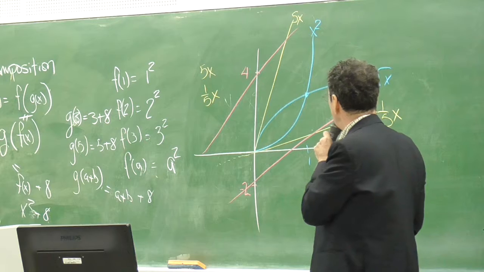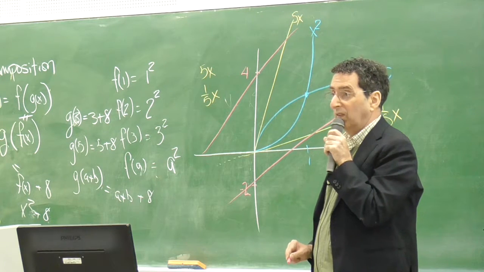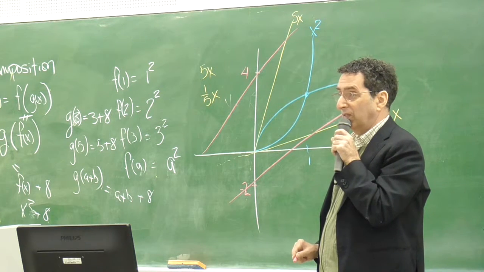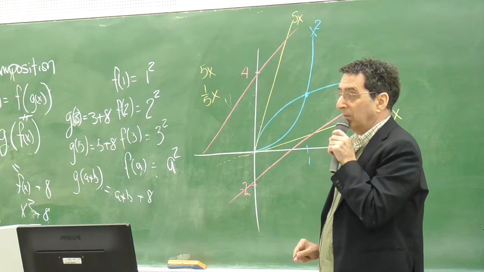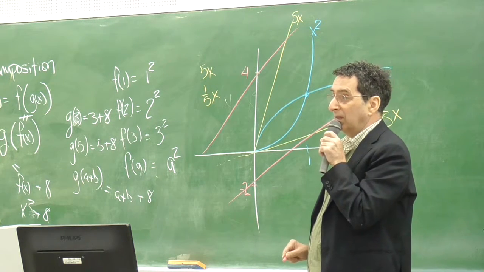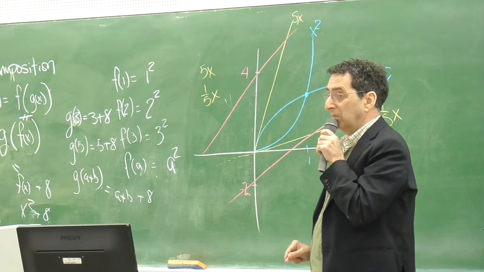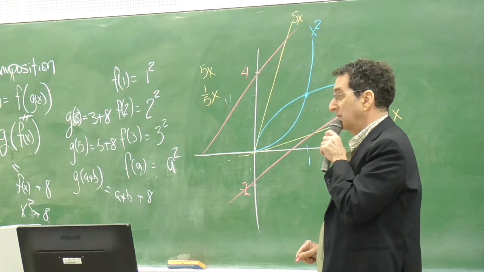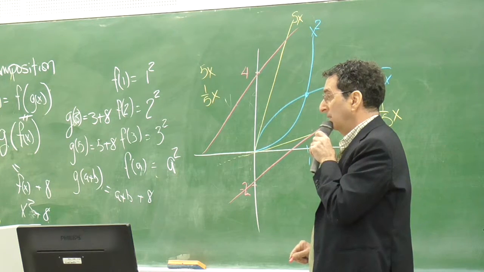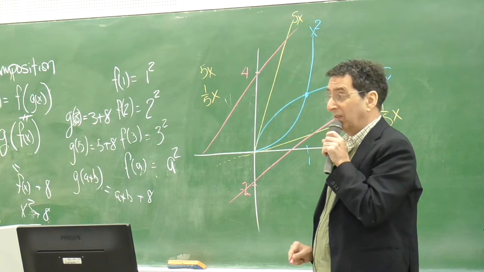Okay, so we drew functions and their inverses, just as something of interest to do. You can imagine that somebody who's exploring this concept might say, hey, I wonder what happens when I draw the two functions.